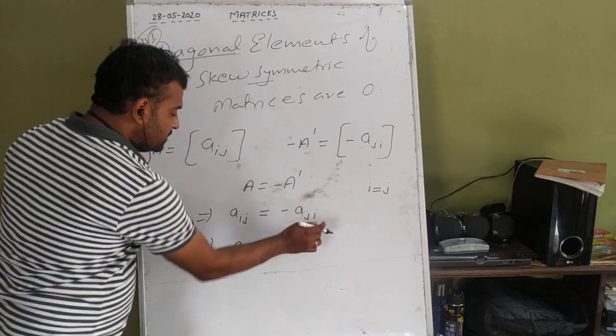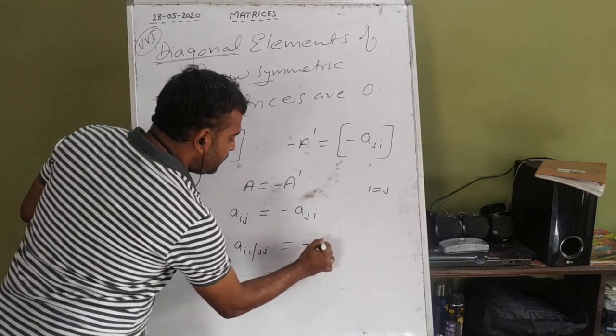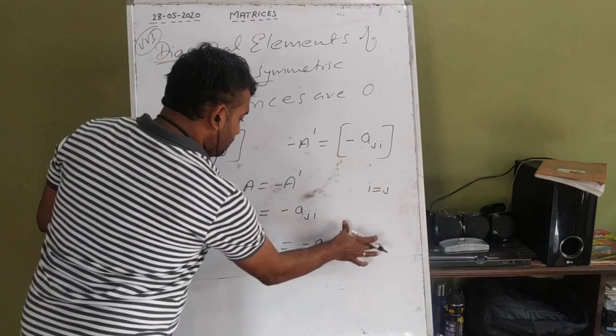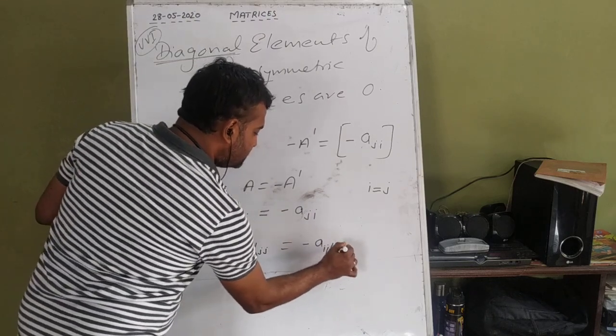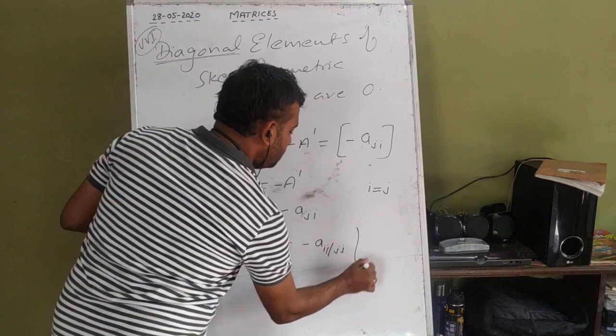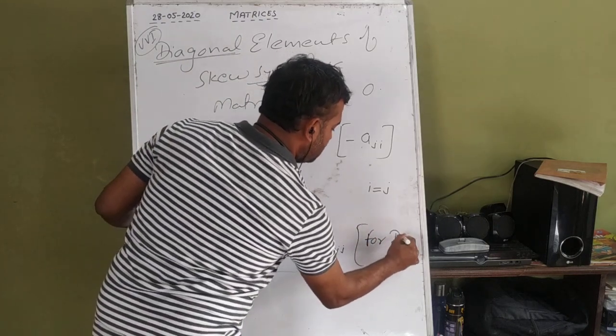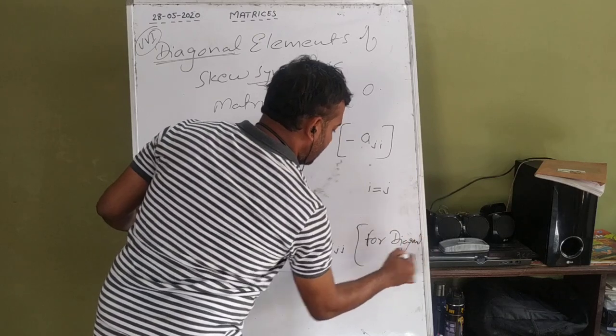Now in this side, similarly, Aii or Ajj for diagonal elements.